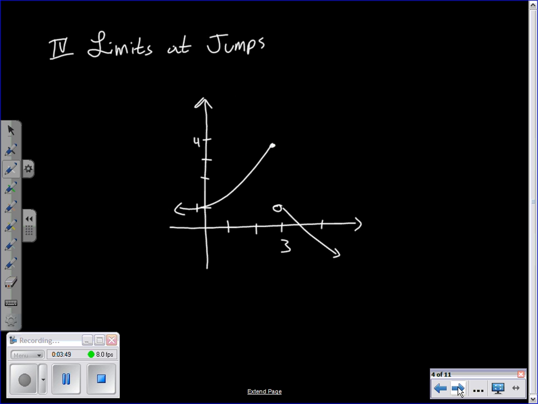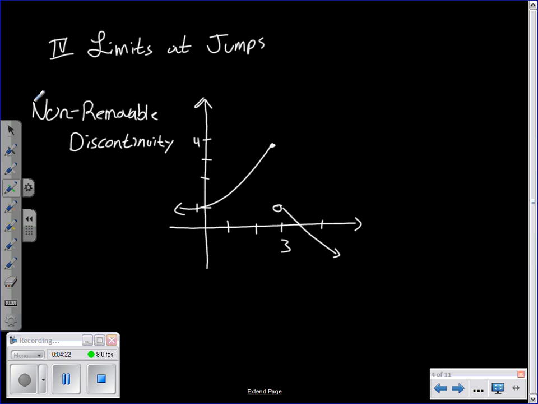The next case is something called a jump discontinuity, and a jump discontinuity is one type of non-removable discontinuity. A non-removable discontinuity, in the case of a jump, means more than likely you're looking at a piecewise function. If you have a finite jump in your graph, you can see that this graph jumps from y equals 1 to y equals 4 at the x value.